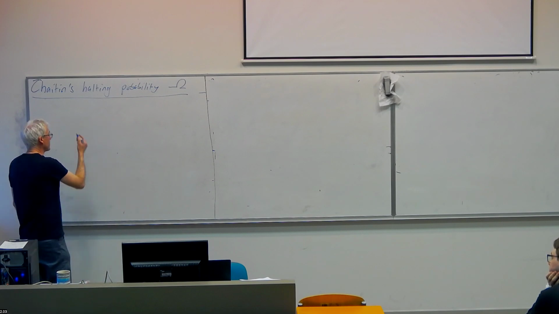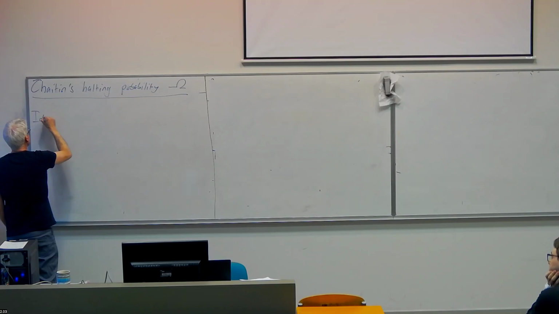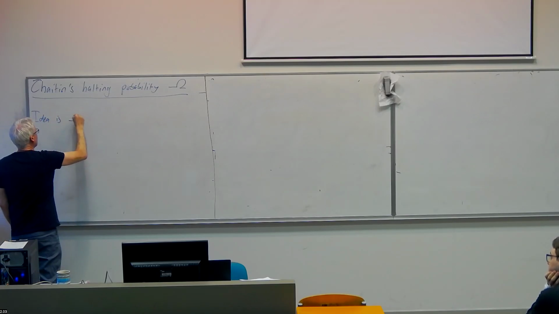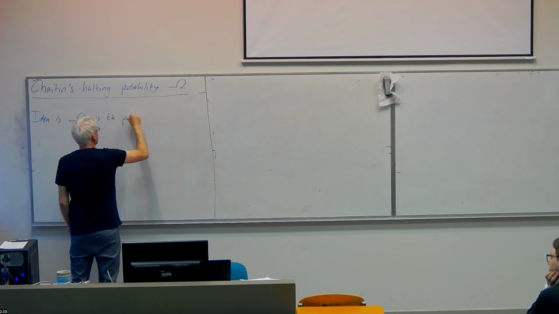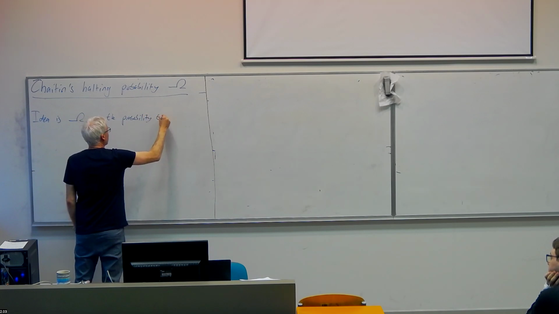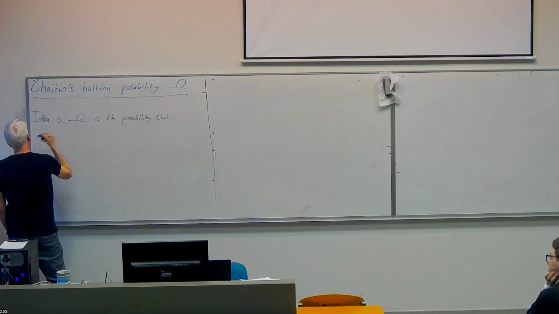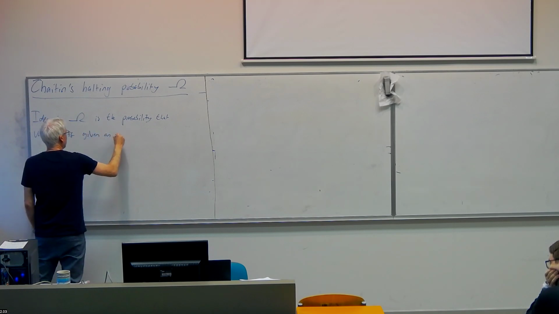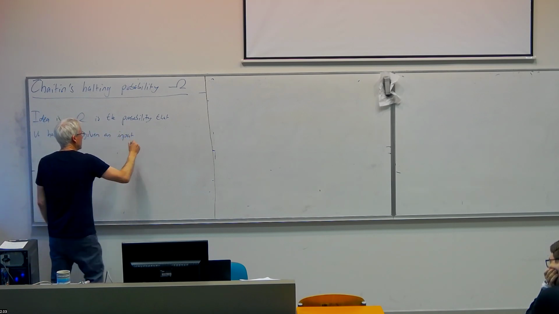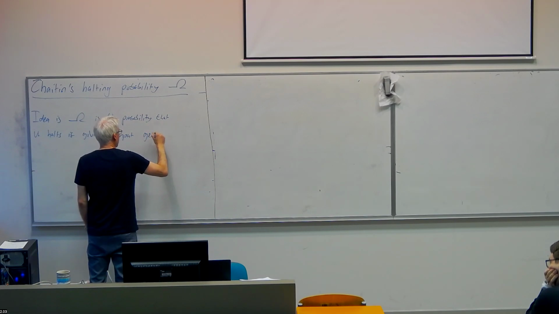And why it's called the halting probability is this: omega is the probability that the universal function U halts, is defined, if given an input generated randomly by tossing coins.